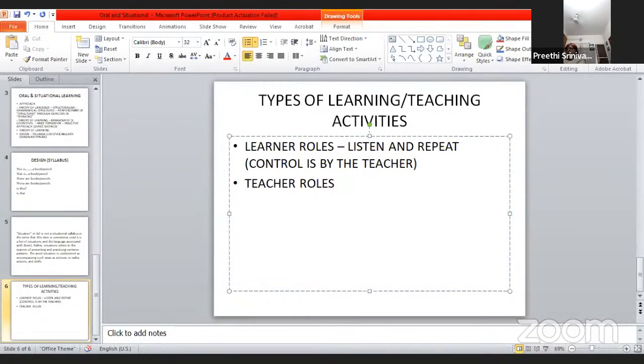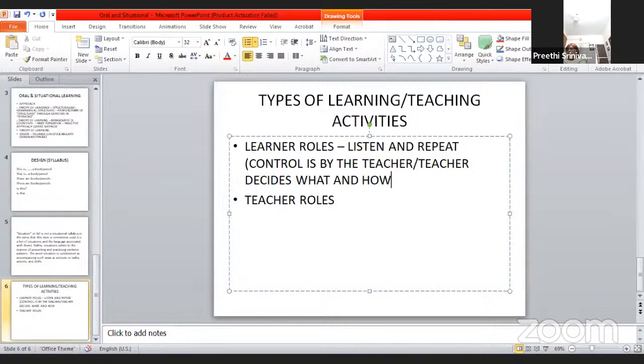The teacher decides what is learned and how it is learned. So this you will not see in the communicative approach.